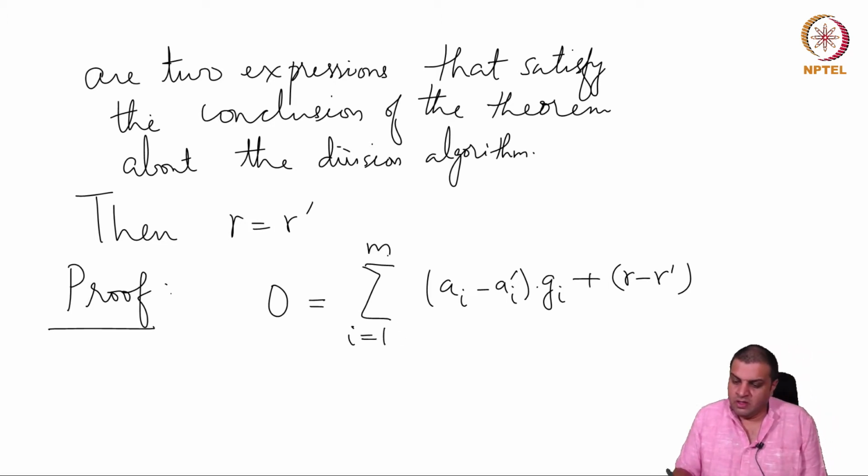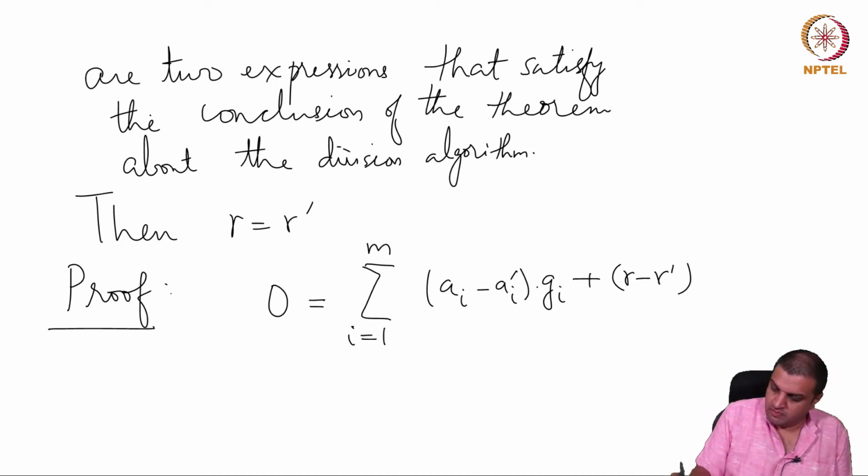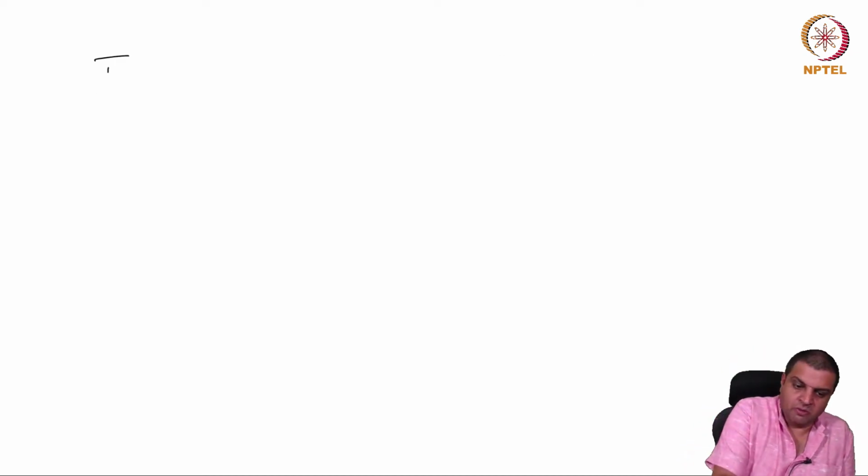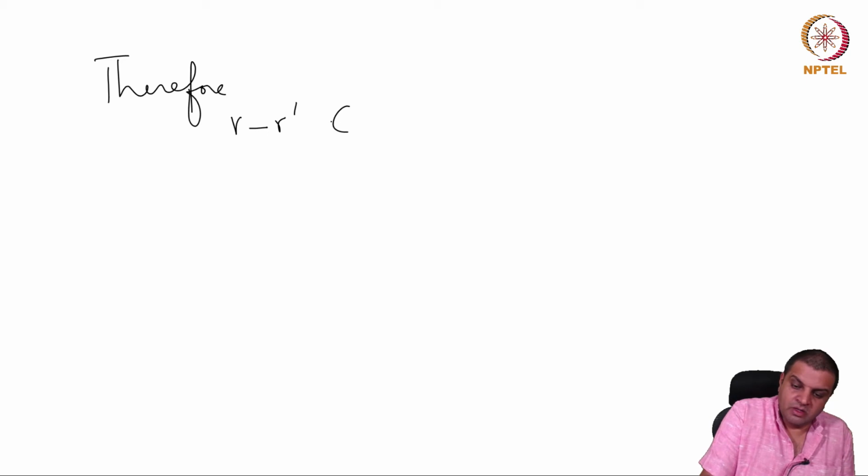Now these Gi's are from the Gröbner basis of I. So the first expression here is in the ideal, hence this is also in the ideal. Therefore R minus R prime is in the ideal.